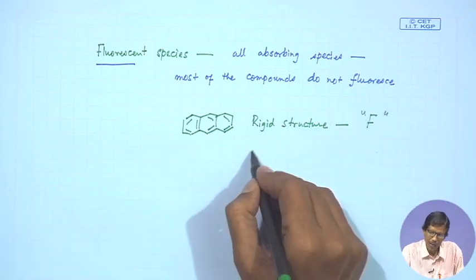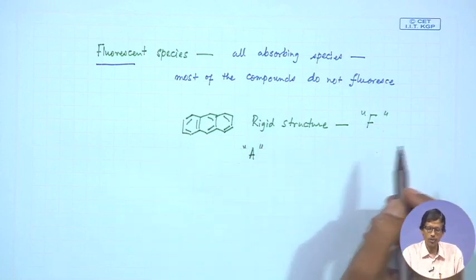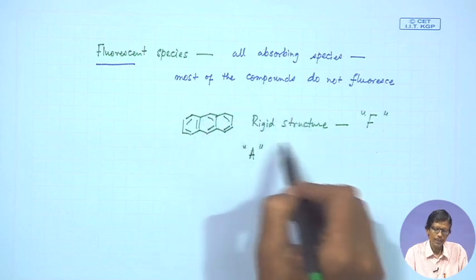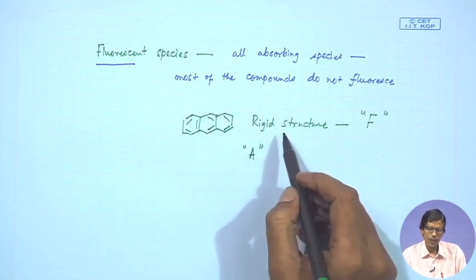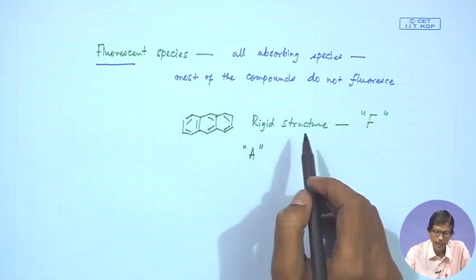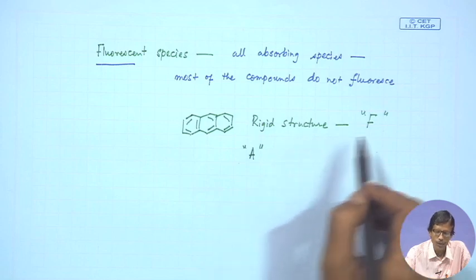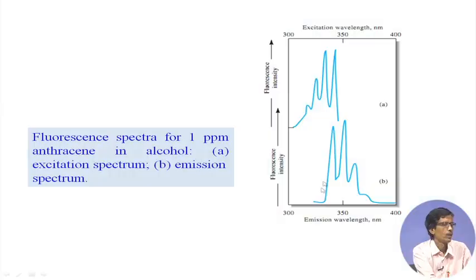At the same time it should also absorb, and due to its rigid structure and less intermolecular collision, the non-radiative relaxation will be less and we will get appreciable fluorescence intensity. We can go down to 1 ppm, parts per million, which means a 10 to the power minus 6 range of concentration.